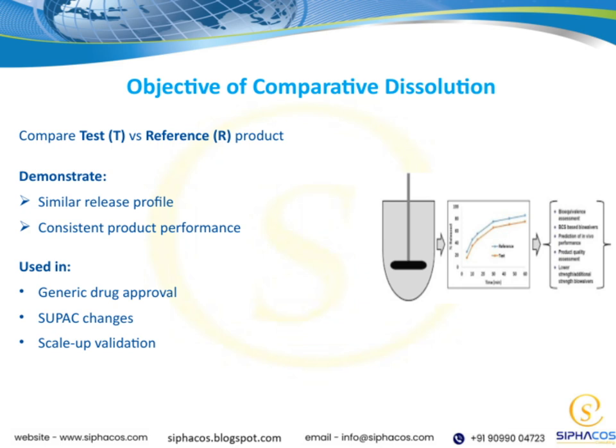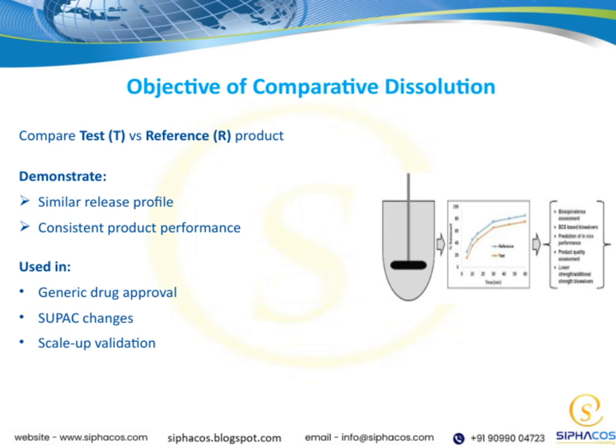Another important point is to show consistent product performance. This consistency confirms that the manufacturing process reliably produces a product that behaves as expected, which is essential for both regulatory approval and patient safety. You'll notice that this comparison is used in several critical areas. It's vital for gaining approval for generic drugs, where demonstrating similarity to an established product is required.